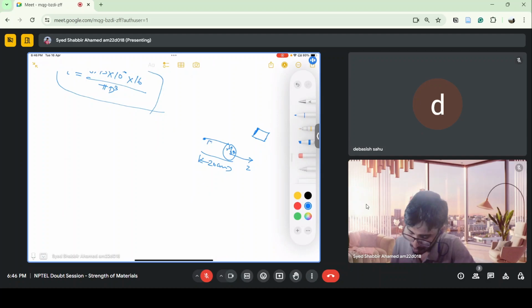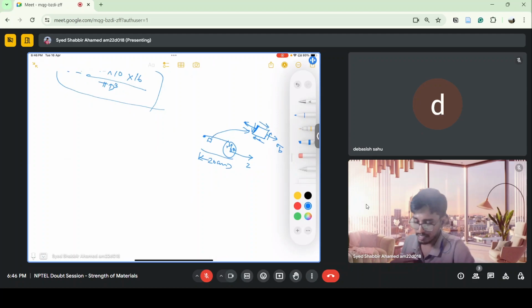This element will have the bending stress, and the shear stress due to the torsion. So these two stresses are experienced by the shaft. This is tau r theta, and sigma b, I will also take as sigma z.